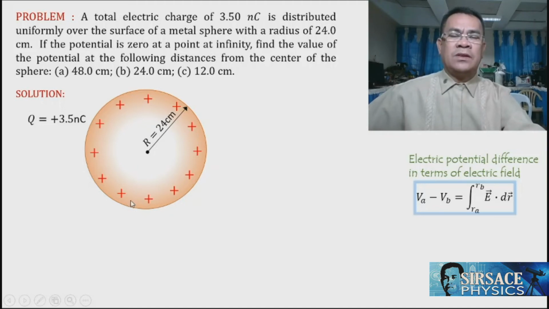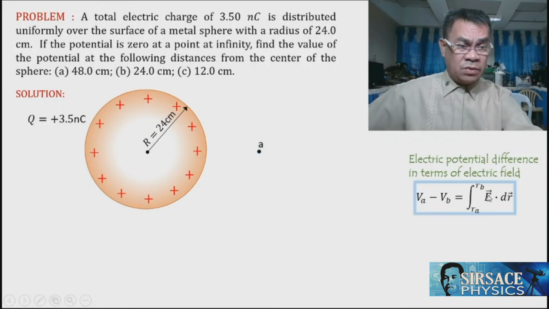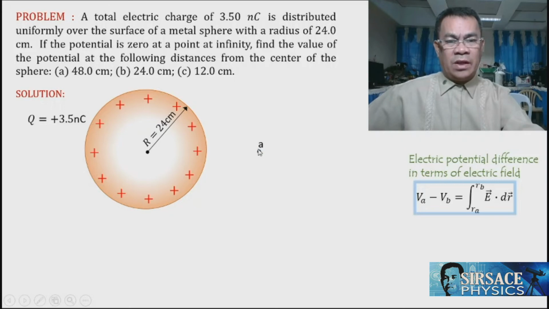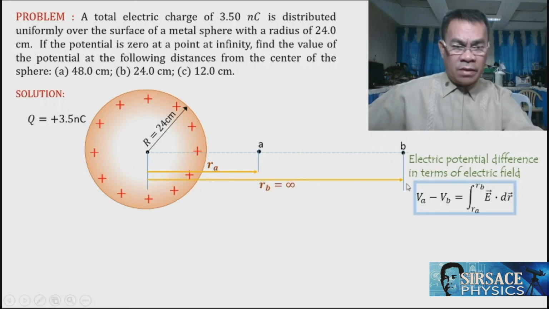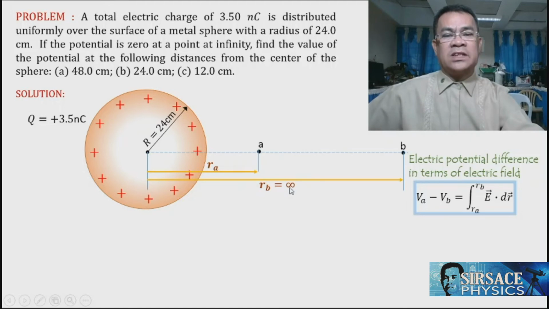Okay, then we need 2 points because we will be using this one. We will use point A and point B so that we have RA and we have RB. Take note, RB, we can place at an infinite distance away from the point charge.